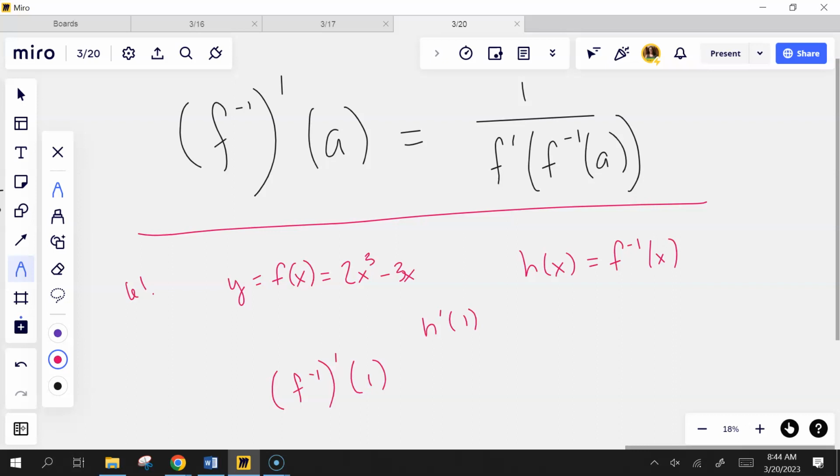So let's see. Let's see what I need. And I'm assuming this is the way that they went about it, because this is the way they love to do it. They said derivative of the inverse.